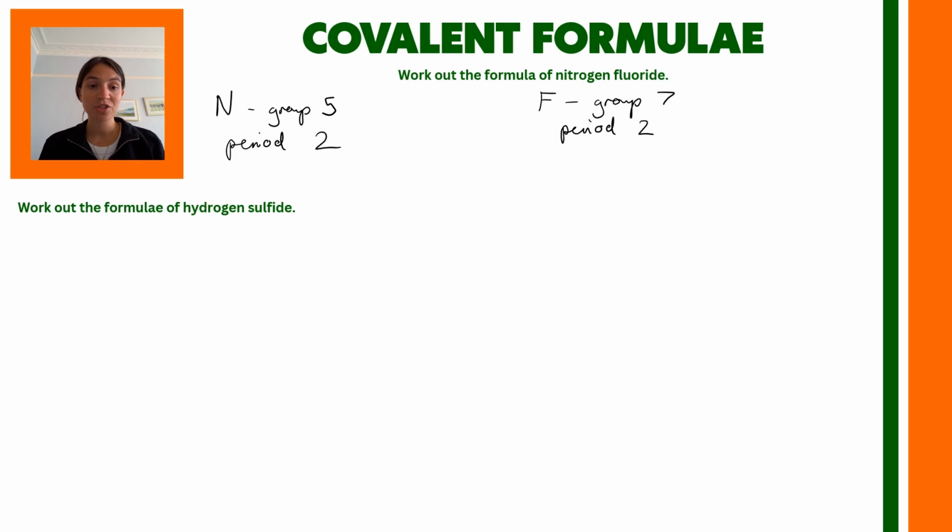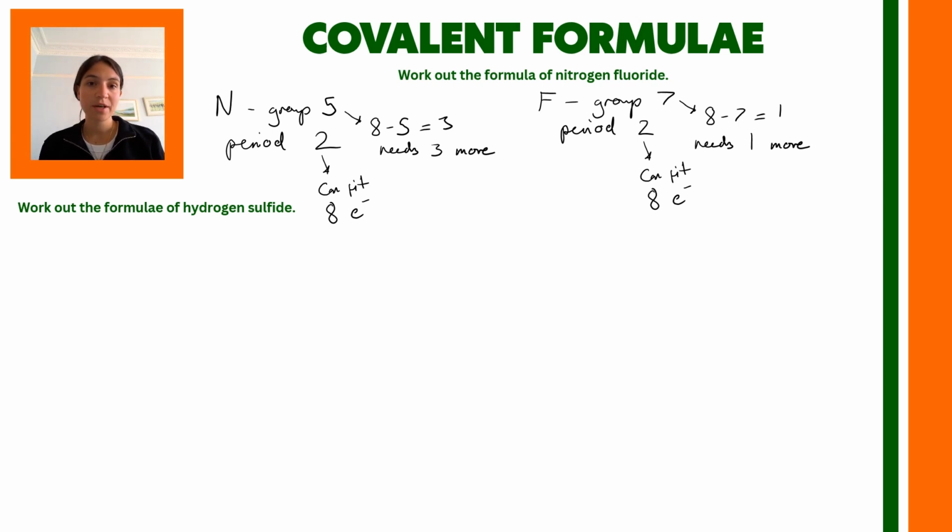Since they're both in period 2, in order for them to have a full outer shell, they can fit 8 electrons in that outer shell. So the question is, how many electrons do they have already in their outer shells? Your nitrogen, because it's in group 5, has 5 electrons in its outer shell, which means it's going to need 3 more to make that outer shell full. And fluorine is in group 7, so it has 7 electrons in its outer shell, and it's going to need 1 more to make that outer shell full.